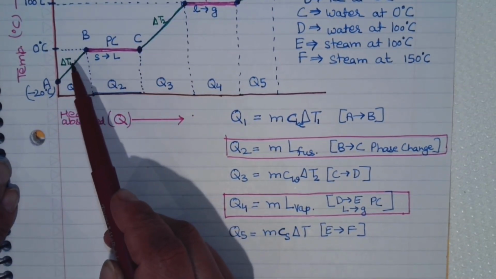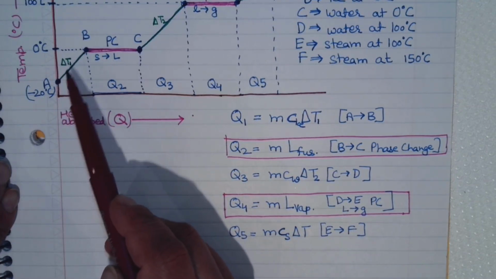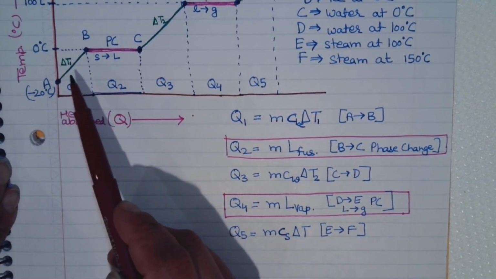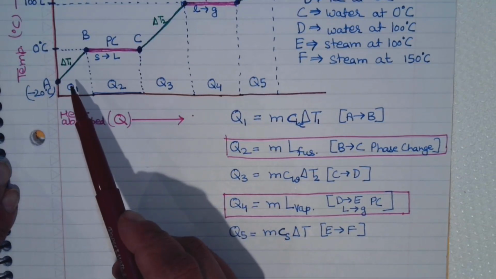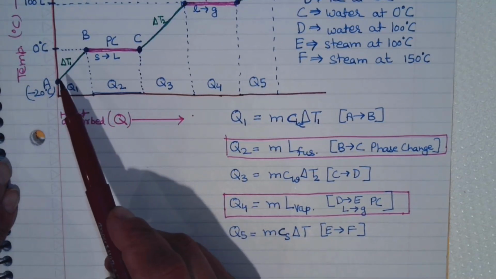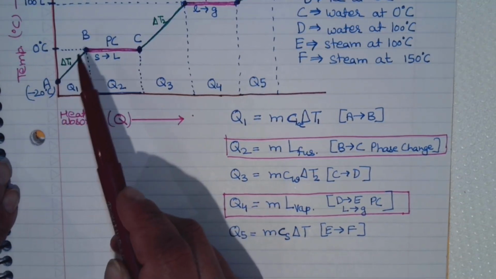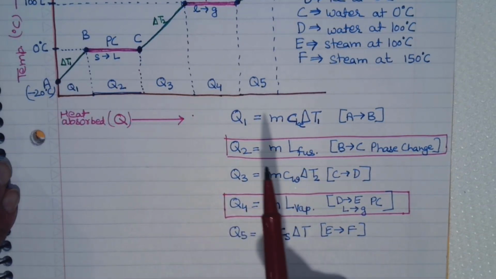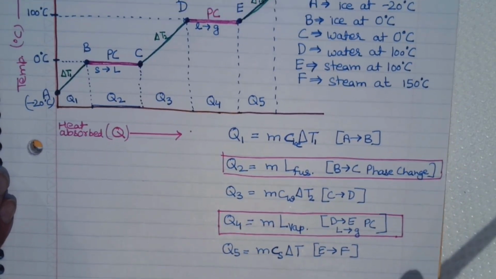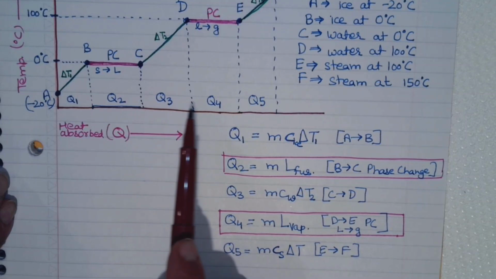You have to take one line segment at a time and solve the amount of heat energy absorbed or released between these two points, right?